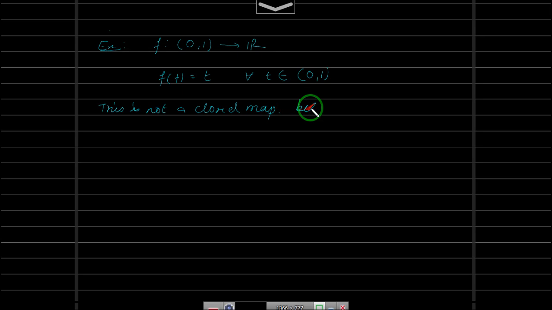But we can show that this is an open map. Let me just state a simple statement here. If U, a subset of X, is open in X but not closed, then the inclusion map is open but not closed.